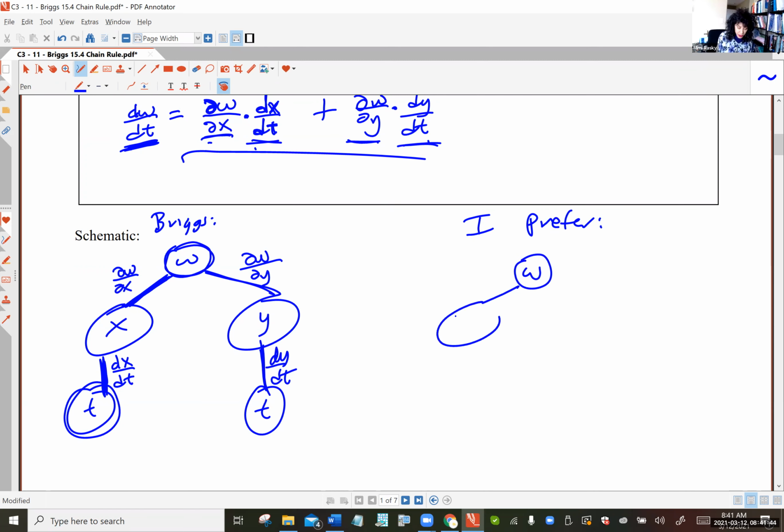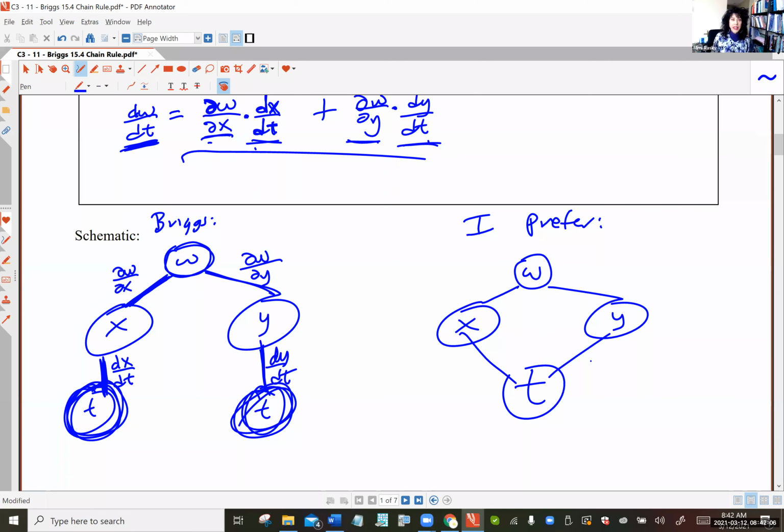I've got W, and W is a function of two variables, X and Y. But X and Y are functions of time T, but not a different time T. The reason why I don't like the Briggs schematic too much is that it looks like this T over here is different from the T for the Y, but they're really the same T. A better, superior diagram shows that T is just one variable driving the whole bus, that X and Y are functions of the same T. It's not a different T. So this schematic shows you better what the relationships are.